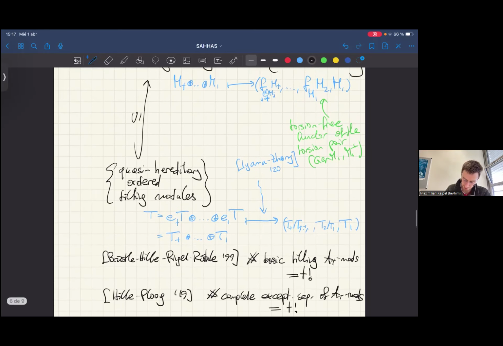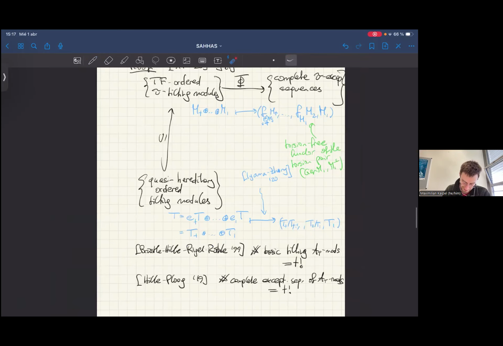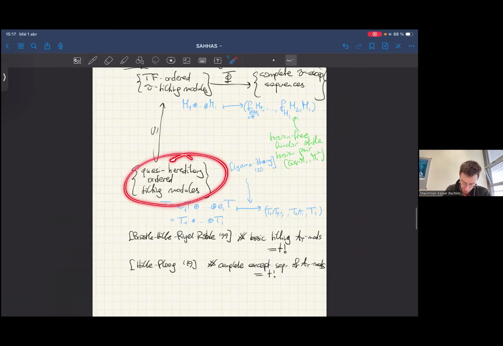So in particular, because this is a bijection, I have t factorial tilting modules here. I'm putting them into a bijection. I get, again, t factorial things here, which are all by construction tau exceptional.